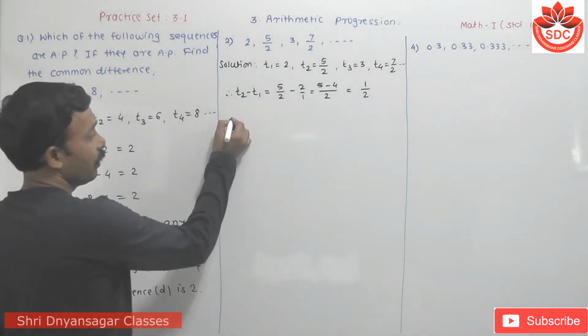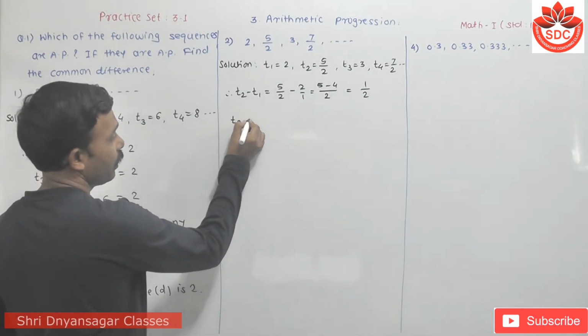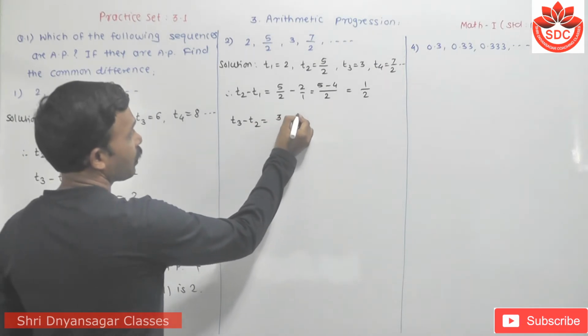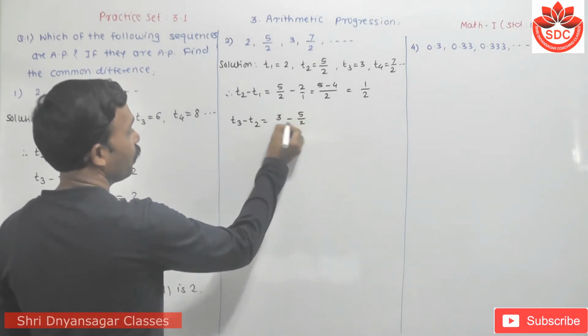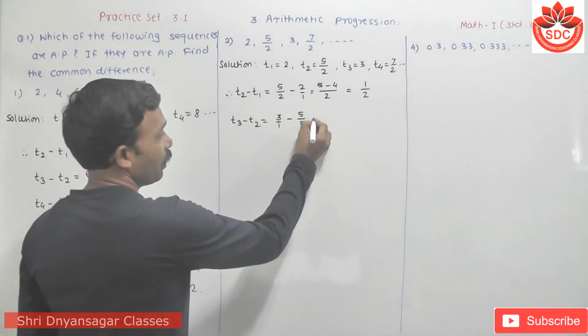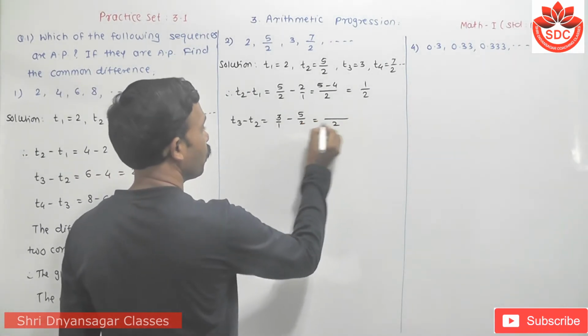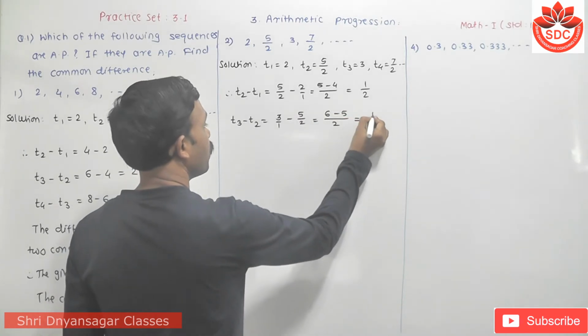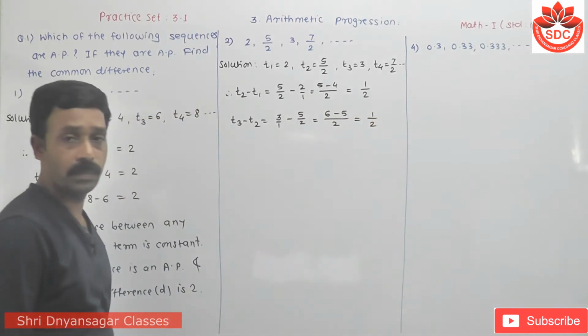Then we take the difference between the next terms, t3 minus t2. t3 is 3 minus t2 is 5 upon 2. The denominator of 3 is 1, then the LCM is 2. 2 threes are 6 minus 5 ones are 5 is equal to again 1 upon 2.